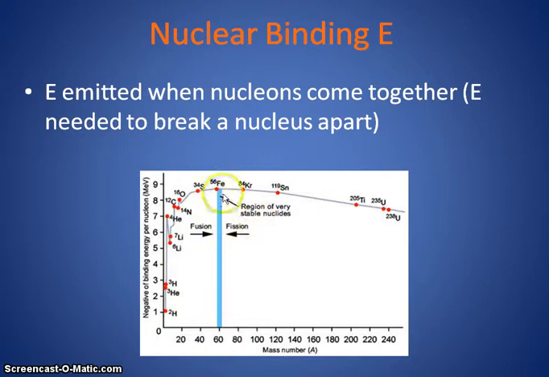This bar that they're pointing to here is the region of very stable nuclides. It levels off beyond this because the nucleus is too large for any extra added nucleons to increase the overall attraction for other particles. So you're going to have this leveling off in the stabilizing part.